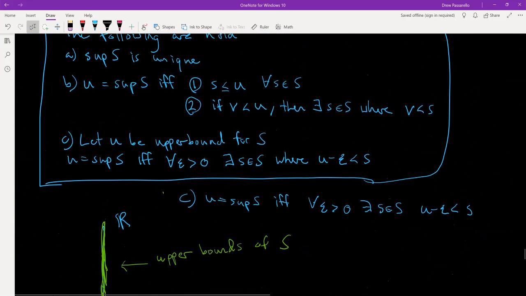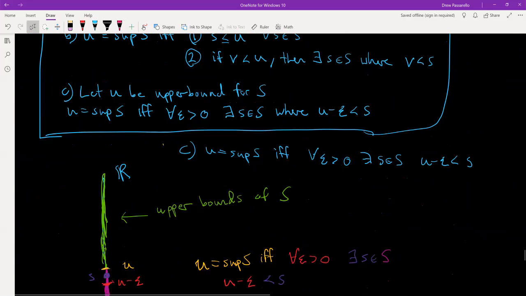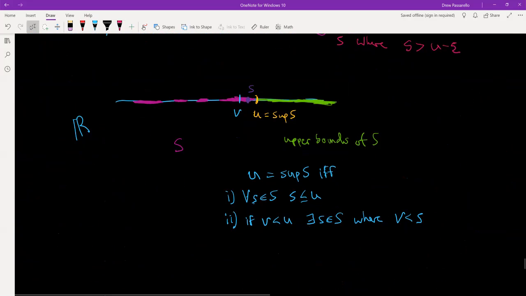Now for the second bullet point, I drew the following right here. So using the supremum, and again our set S is this pink stuff where it sort of jumps in a couple of different parts. But U is the supremum if and only if for all s in S, s is less than or equal to U. Well, that's certainly true. Everything in pink is less than or equal to the yellow part of the line.